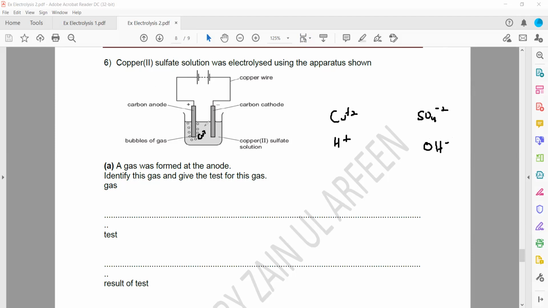Copper ions are attracted towards the cathode, gain electrons and turn into copper atoms, so the size will increase. For the negative ions, hydroxide ions will move and give oxygen gas. So basically we have to write a test for oxygen gas, which we will discuss next week with the tests for the gases.